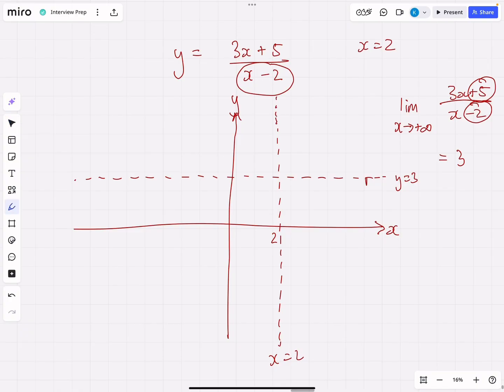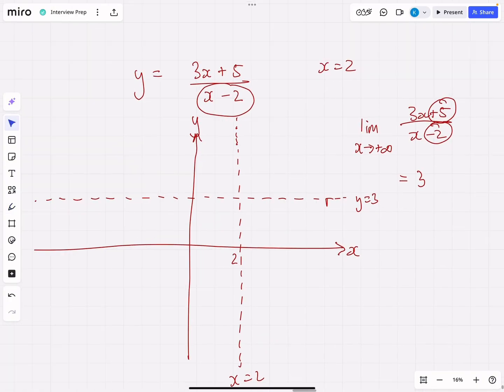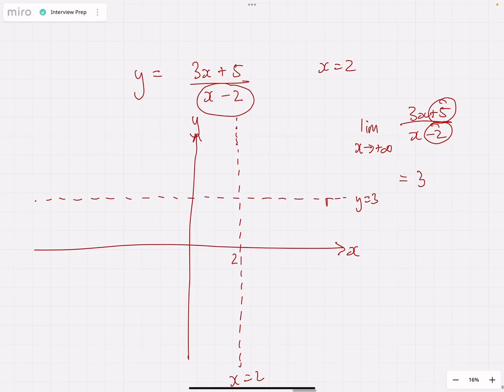Now let's think about the behavior near these asymptotes. So we know as x tends to positive infinity, our function is going to tend to 3. Is it going to tend to 3 from above or below the graph? Well, let's have a think here.